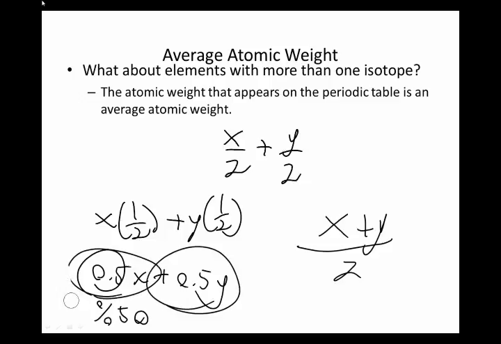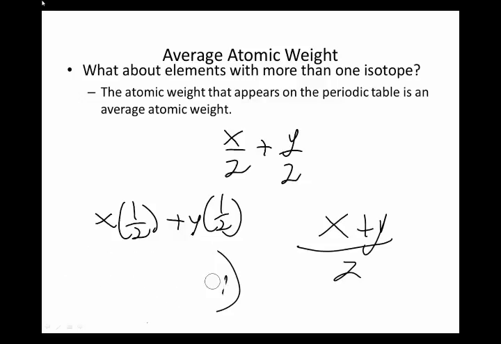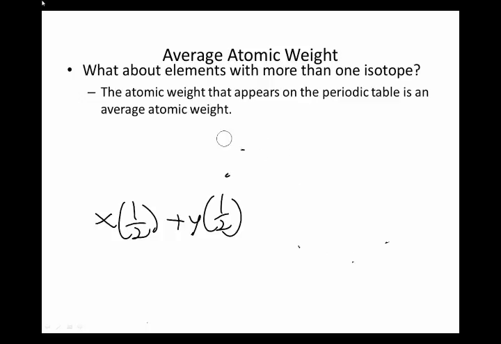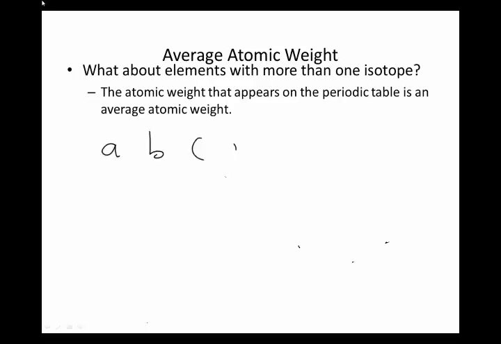If you had 3 numbers, actually let's do 4. If I had 4 numbers, A, B, C, D, I would add them all up and divide by 4.